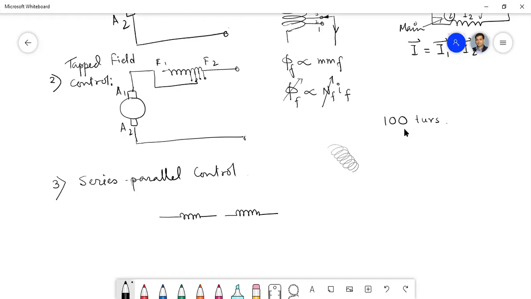Suppose you need 100 number of turns. Suppose you have already made 94 number of turns. This is complete.